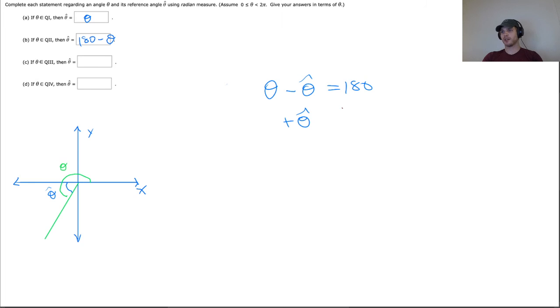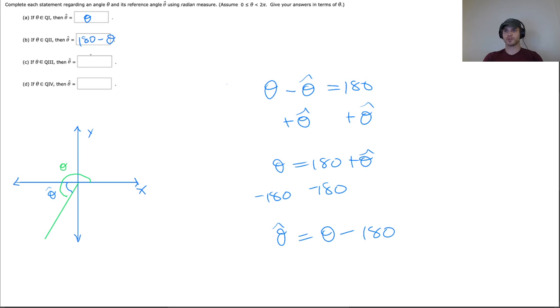We'll add theta hat to both sides, and so theta equals 180 plus theta hat, which is true, but that's not what we're looking for. We're solving for theta hat. And so we'll subtract 180 from both sides, and we find that theta hat equals theta minus 180.